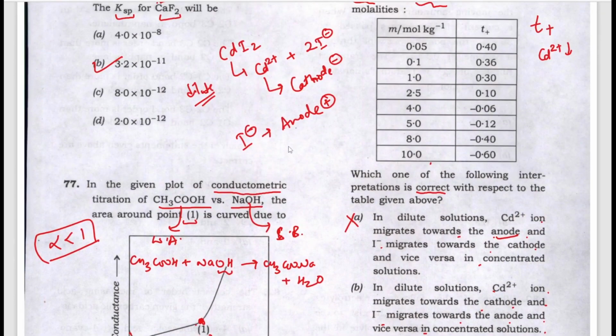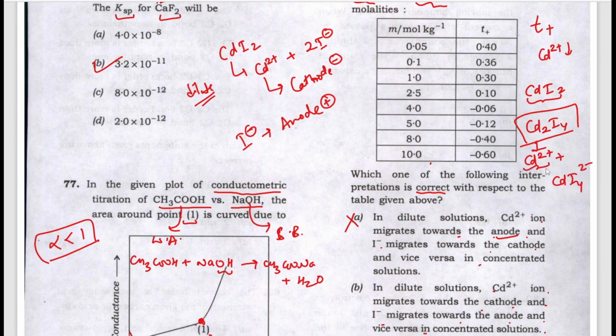But in the case of the concentrated form, cadmium iodide exists as cadmium 2 I4, and it will dissociate into cadmium 2 positive plus cadmium I4 2 negative. So some part of the cadmium is involved in the formation of the complex, that is cadmium I4 2 negative.